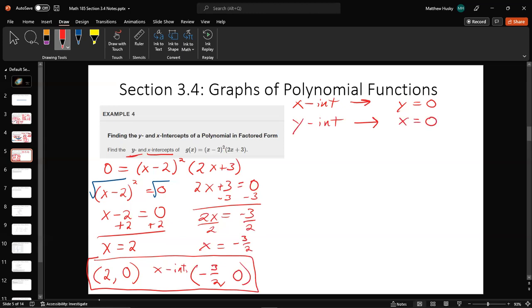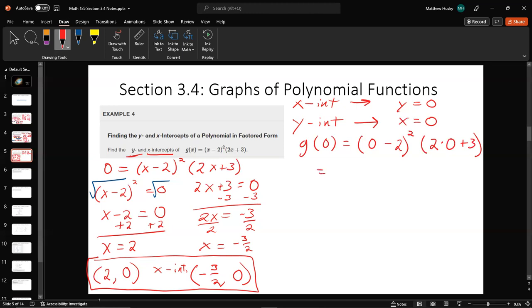So then what this means is that we are going to take g of 0, and that means (0 minus 2) squared, and then multiply that by (2 times 0 plus 3). So what we're going to do is replace the x in the function with 0, work it out, and see what we get.